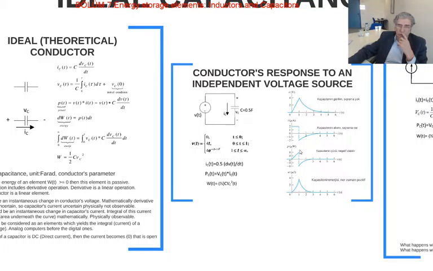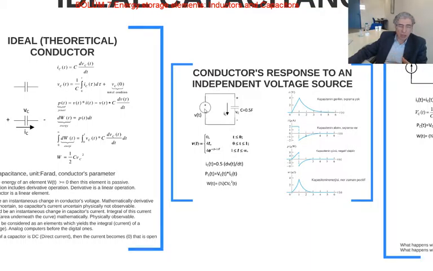The multiplication of those two is going to give you a positive area and a negative area, and the multiplication is the power. So once again, this power is negative, so you might say it is giving power, but this power is not this element's power. Why is that? Because this power has already been taken from this independent source. So this element is not an active element.